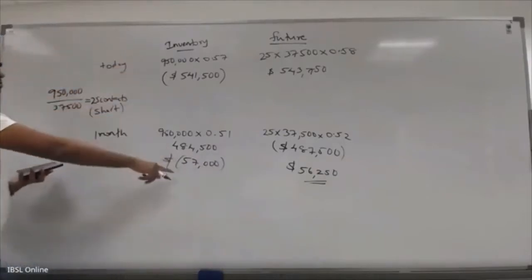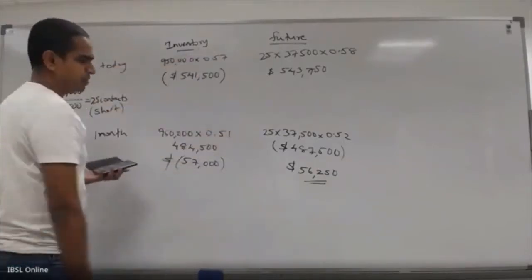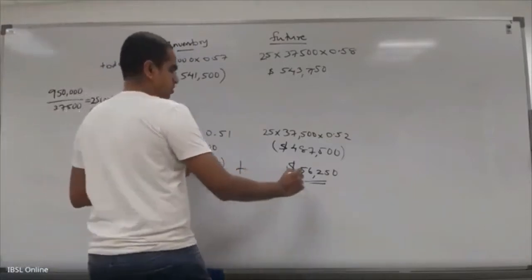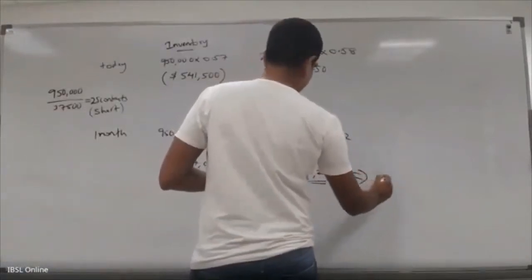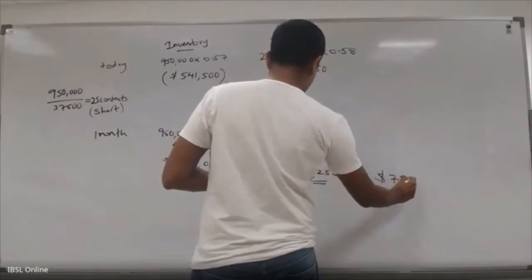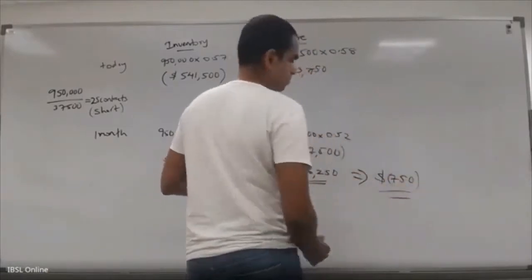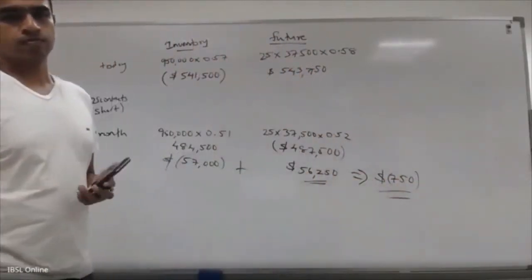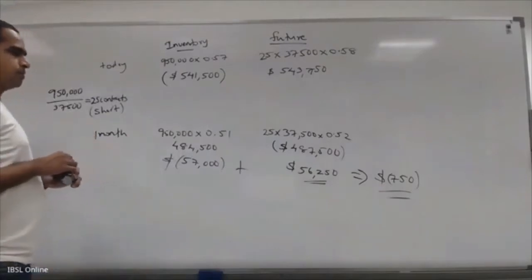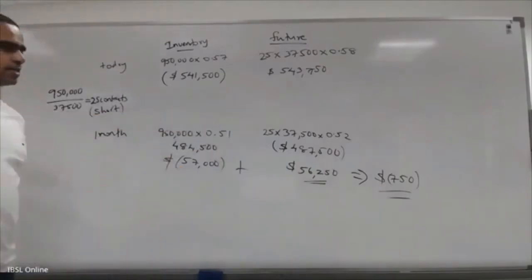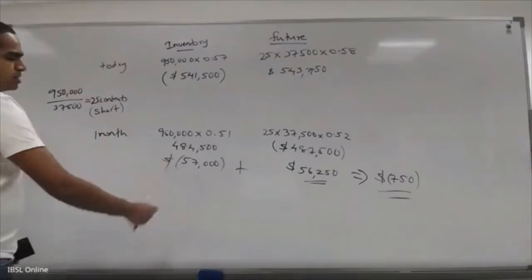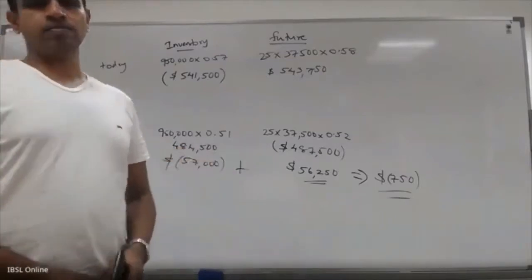From inventory they have lost 57,000, but from futures they will make 56,250. If you add up the two, they will make a $750 loss net. But if it wasn't for the futures contract, they would have made a loss of $57,000. Now they end up with 750 only. So they did well.